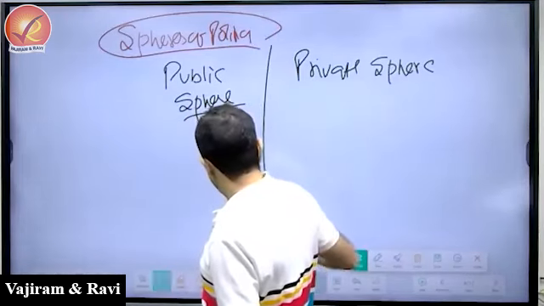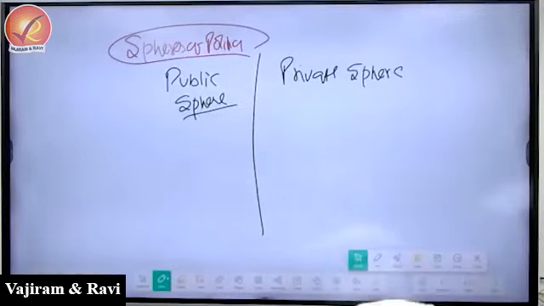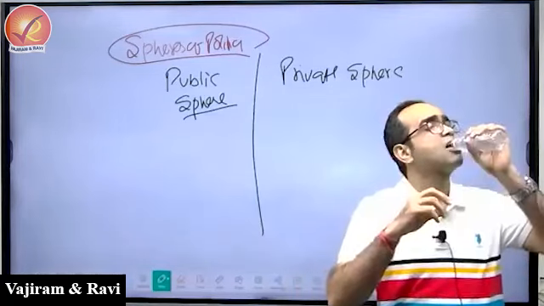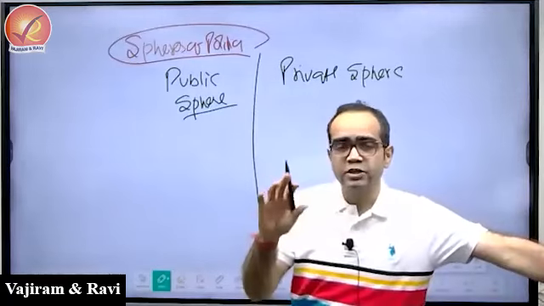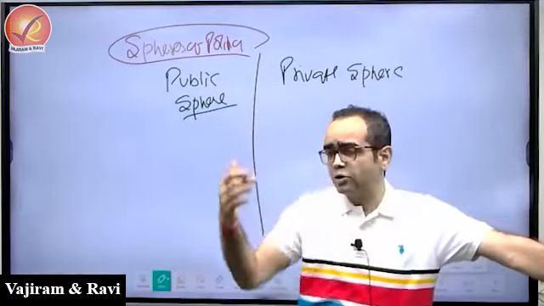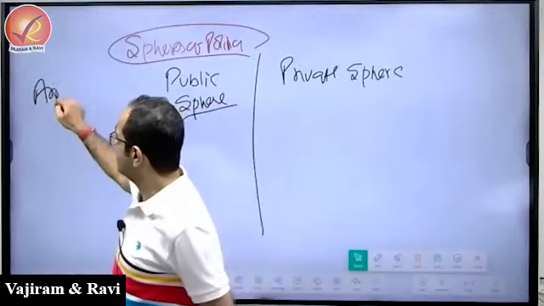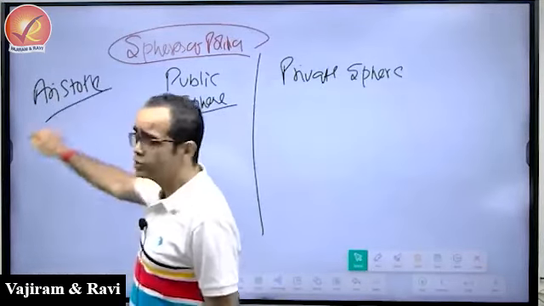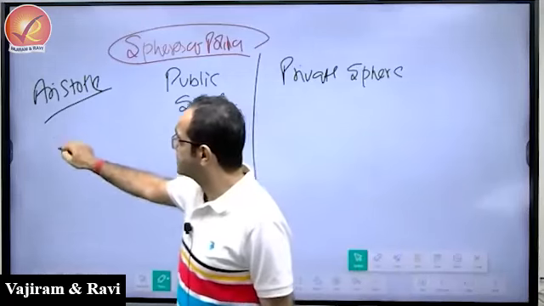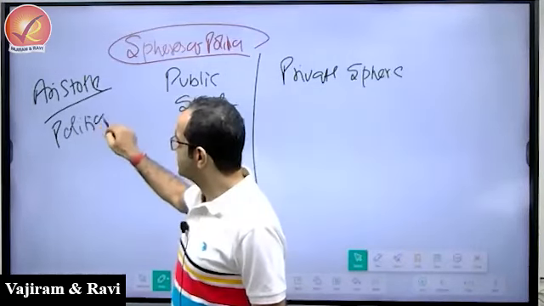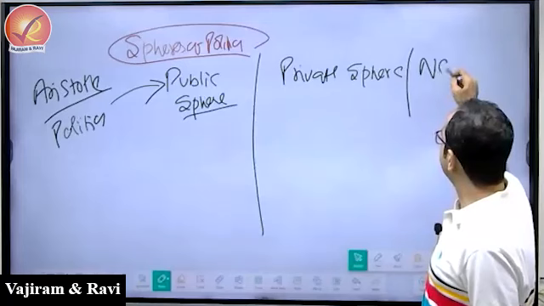Now this sphere means, if you're talking about politics, okay, fine, which all areas we consider a part of politics. This traditional definition was given by a scholar called Aristotle, that we are going to discuss. He said politics needs to be confined to the public sphere only, and the private sphere is a non-political sphere.